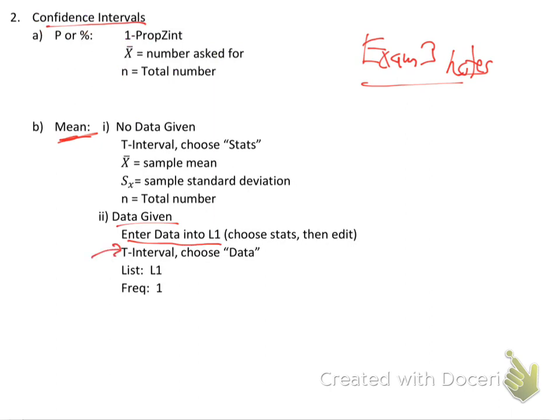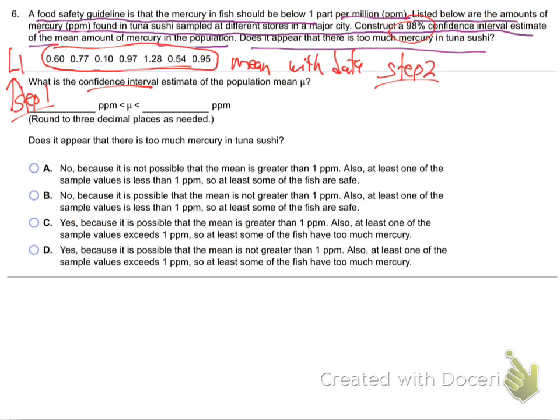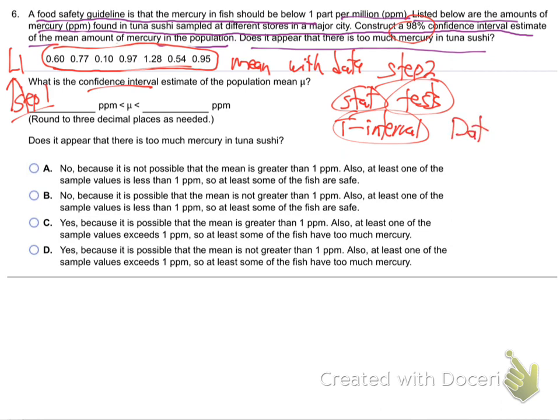T interval, choose data. So you're going to go stat, test, T interval, and then you're going to choose the data box this time. Let's make sure we're clear here.